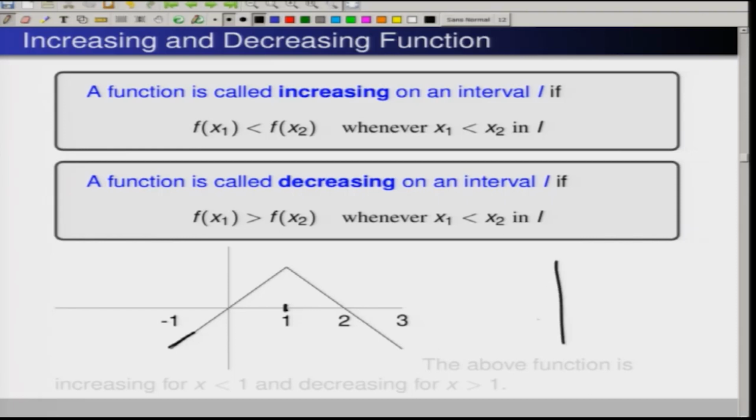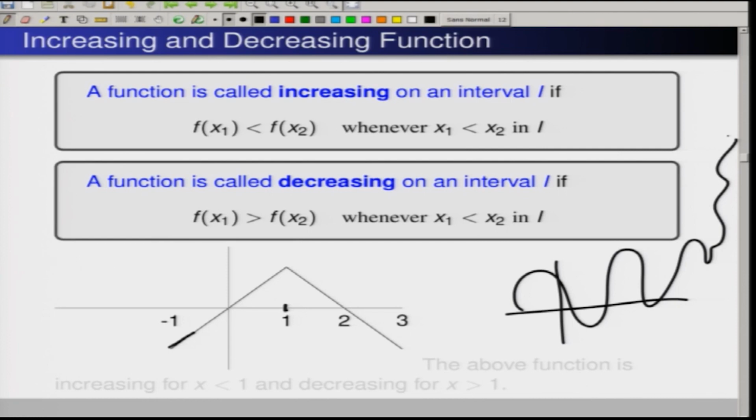Similarly, you can have this sort of function. In this interval the function is increasing, but in this interval it is decreasing.